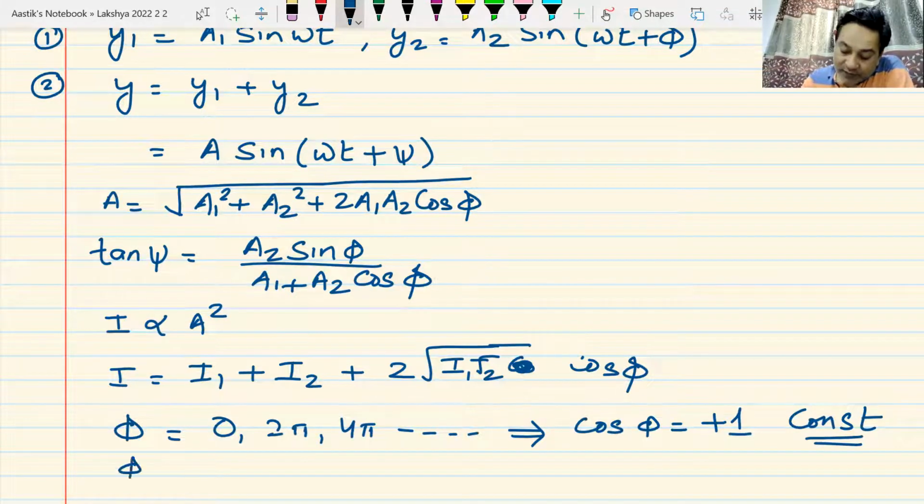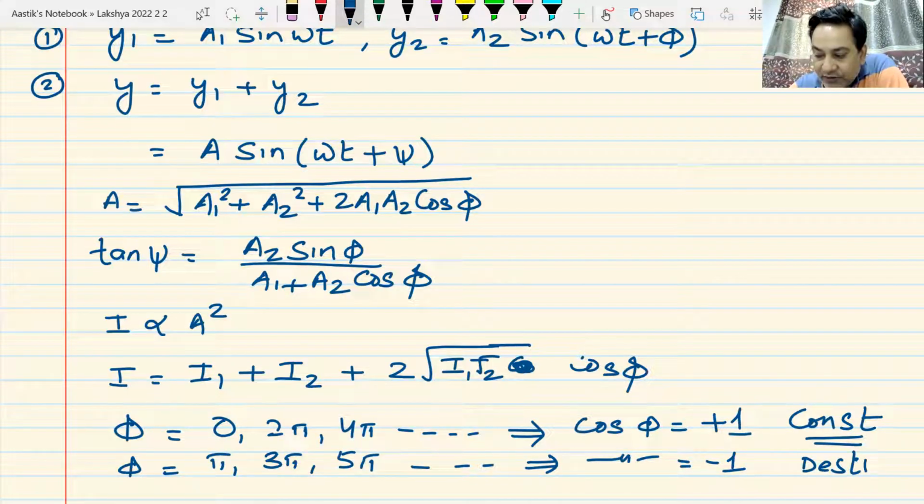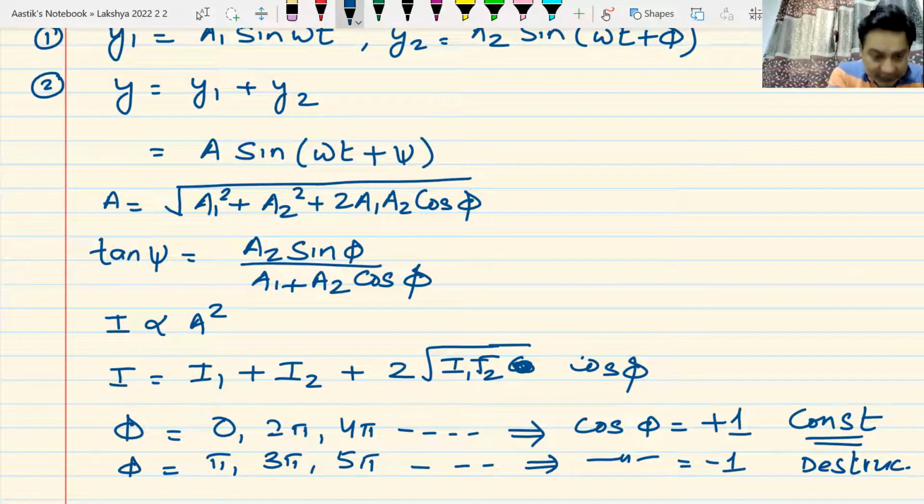If the value of phi is an odd multiple of pi, that means pi, 3 pi, 5 pi, and so on, the value of cos phi is minus 1. We call it destructive interference. This was a quick recap of what we had done in the previous class. I hope you can recollect what we had done.